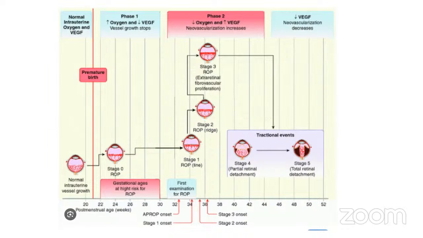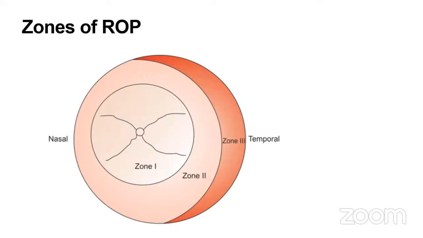Coming to zones of ROP, there are three zones: zone 1, zone 2, zone 3. Zone 1 is the imaginary circle with the optic disc at the center, and the radius of that circle is double the distance between the optic disc and the center of the macula.